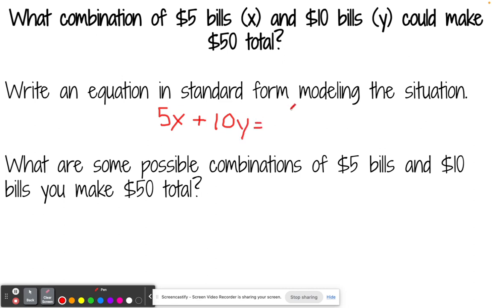Let's make a table this time. See if we can come up with a whole bunch of combinations. So let's do x and y.